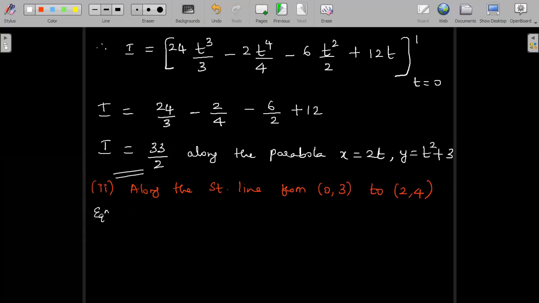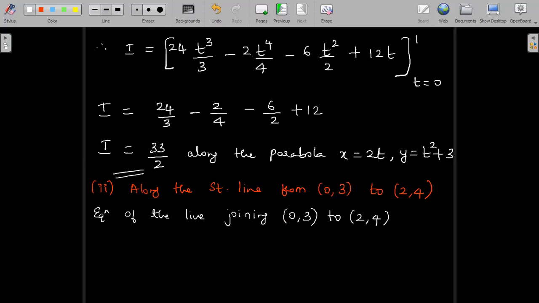So the equation of the line joining 0, 3 to 2, 4 is given by the formula for the line joining 2 points x1, y1 and x2, y2: y minus y1 divided by x minus x1 is equal to y2 minus y1 divided by x2 minus x1.